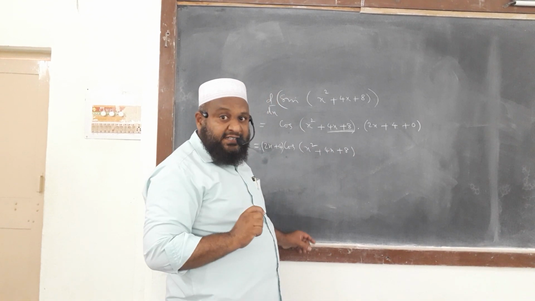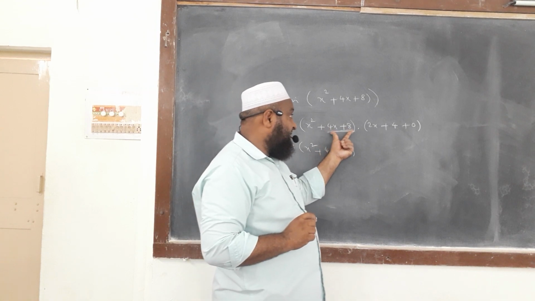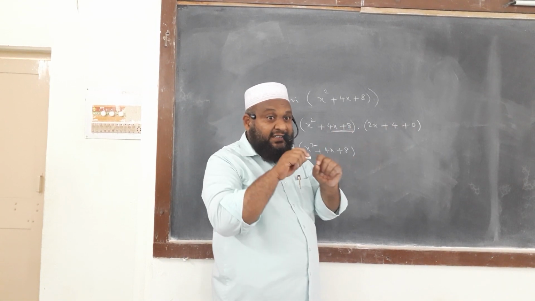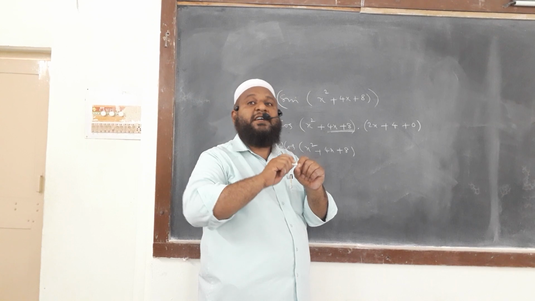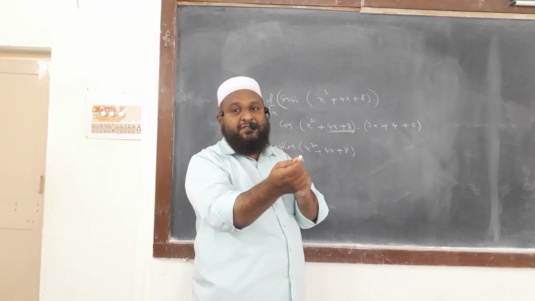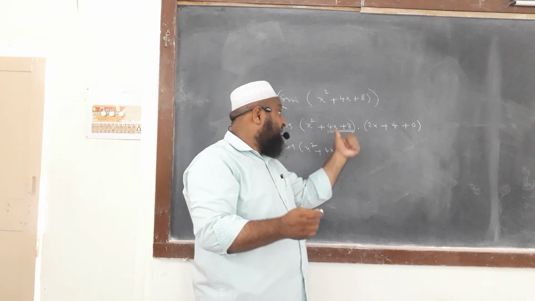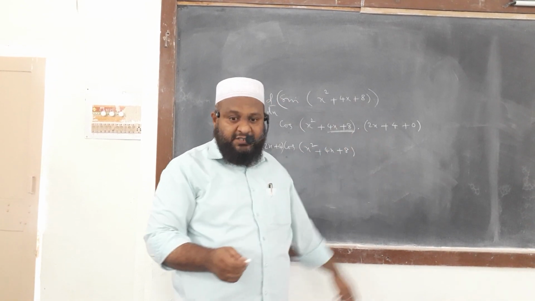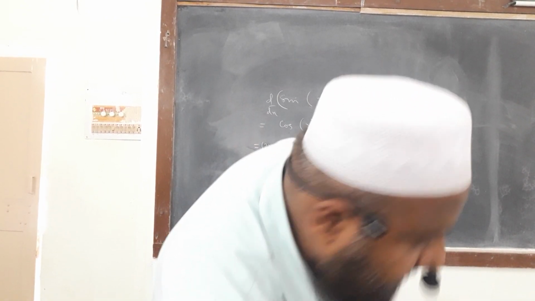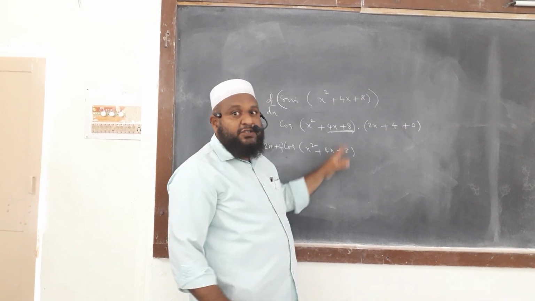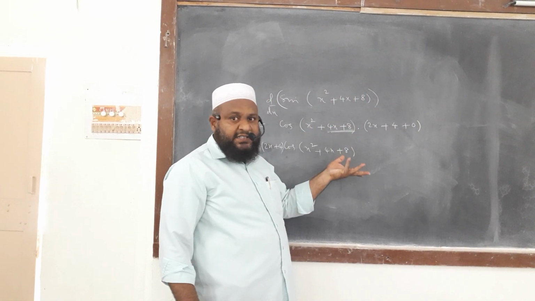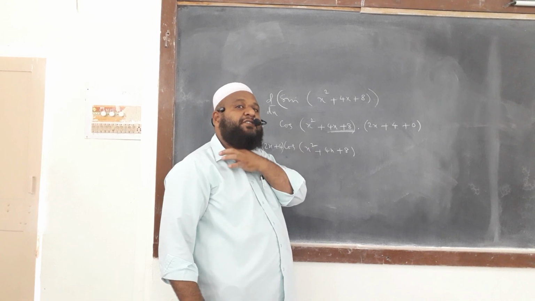Once again I stress, this part derivative is like this, and this concept I will use in the partial differentiation concept. At that time when I refer to this particular concept, you please try to answer it properly. So is this okay? This was already discussed in the previous session of differentiation.